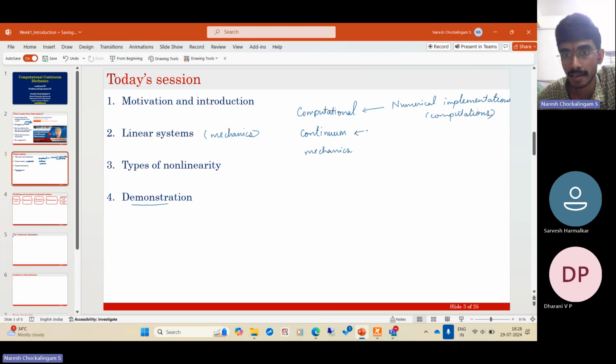And continuum is the basic assumption over which a lot of things are placed. And mechanics, as you know, is the study of all force systems and things like that.